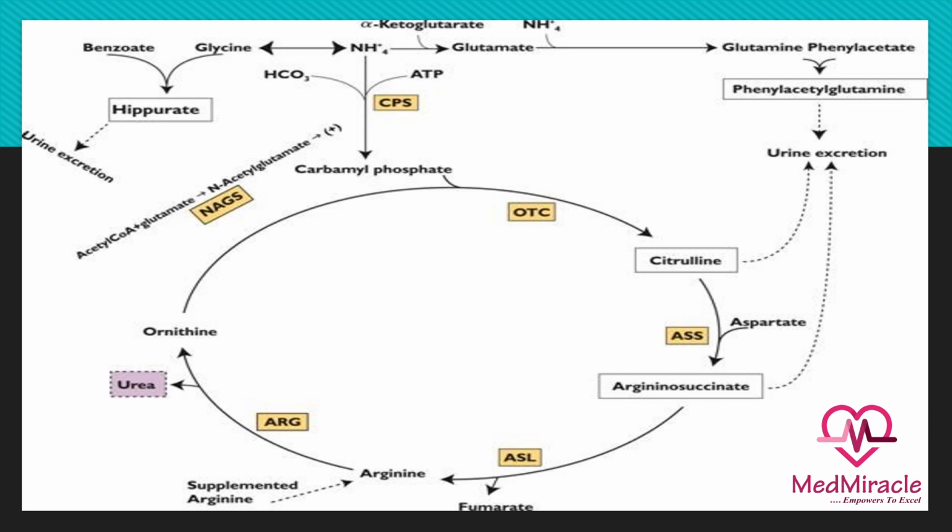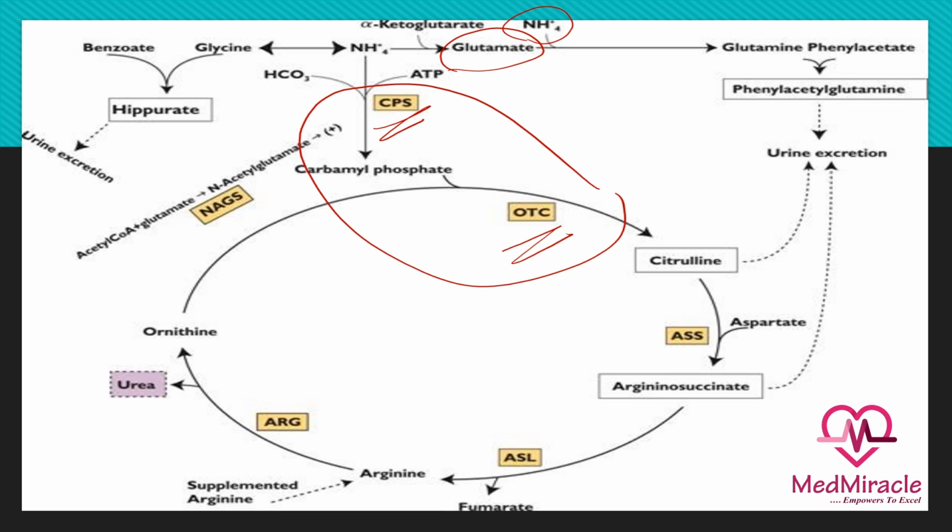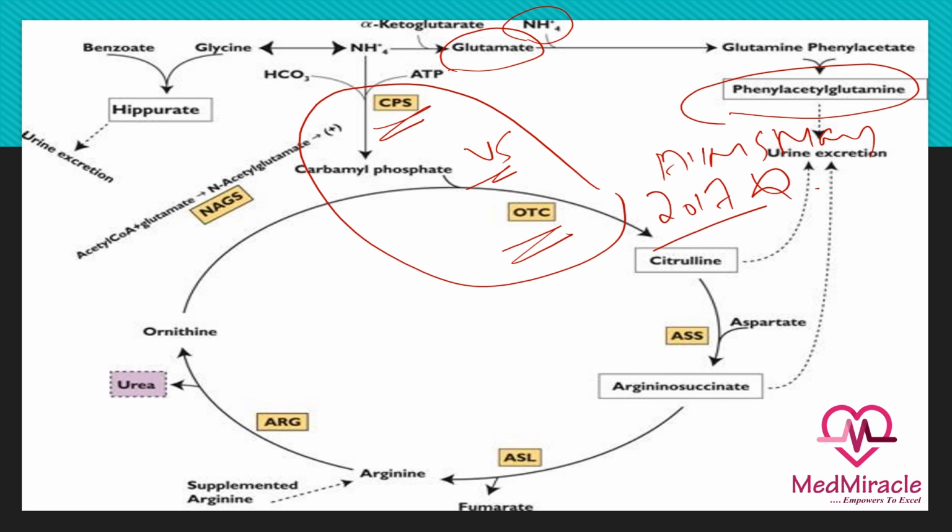Here, these are the ways in which nitrogen is being expelled from our body, and these are the enzymes which are involved, and the vital steps which we have to focus on is this one. OTC deficiency and CPS deficiency, the difference you have to know. Do you notice this one? This was an AIIMS May 2017 question. They were asking the role of phenylacetylglutamine.